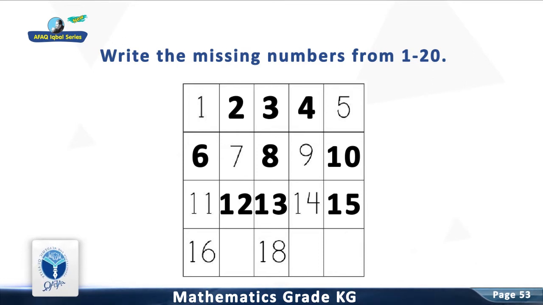Good. It is 15. 16 is already written. So write the number that comes after 16. Good. It is 17. 18 is already written. So write the number that comes after 18. Good. It is 19. Write the number that comes after 19. Good. It is 20.